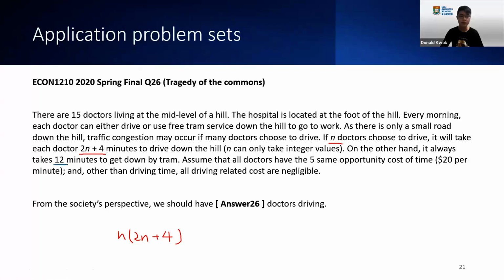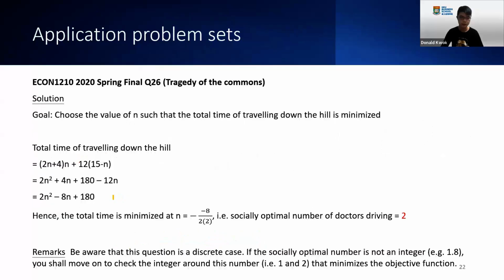And we have 15 minus n remaining doctors. So this is why we add the total full cost by 15 minus n times 12. So this expression will be the total time cost of all 15 doctors to go down the hill, which is also put down in the next slide.